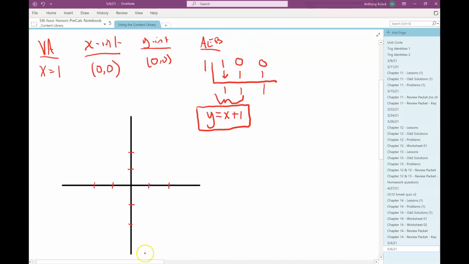So, vertical asymptote here. And then to graph y equals x plus 1, I just need 2 points because that's a straight line. So I'm going to use the y-intercept (0, 1) and the x-intercept (-1, 0). But you could do anything you want.